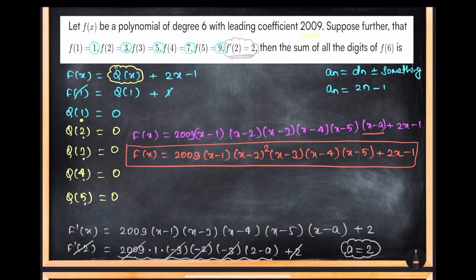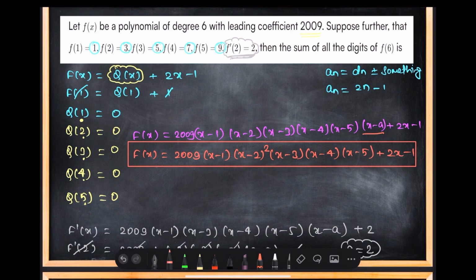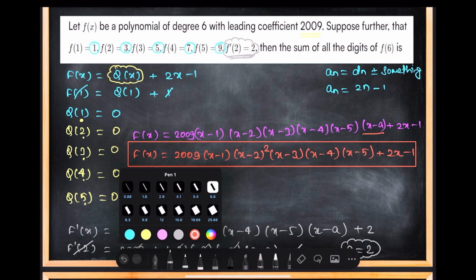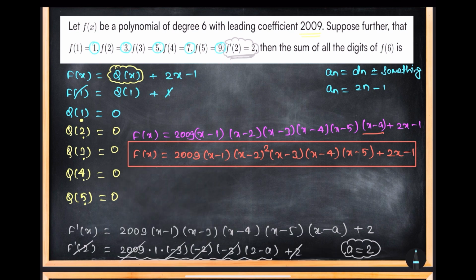So finally we got our polynomial f of x. Now these guys are asking us to find the sum of the digits of f6. Okay, so let's calculate f6.